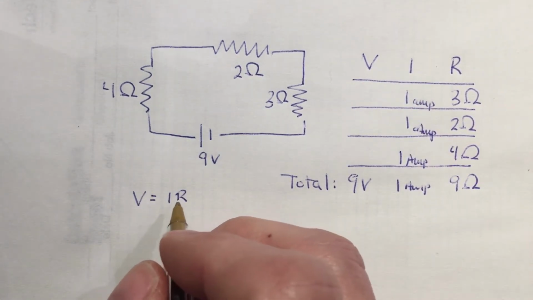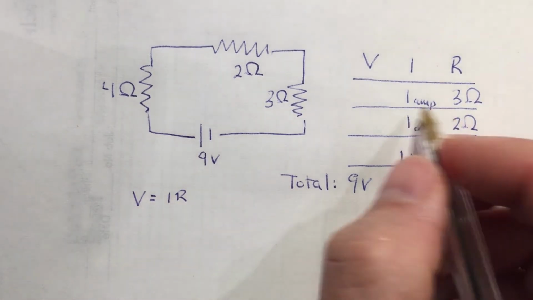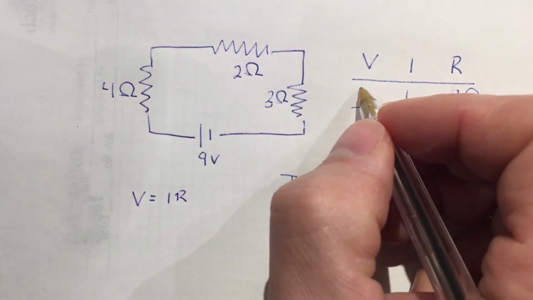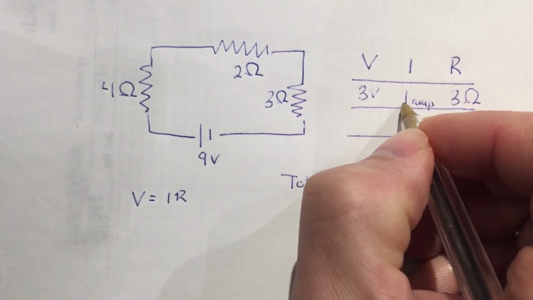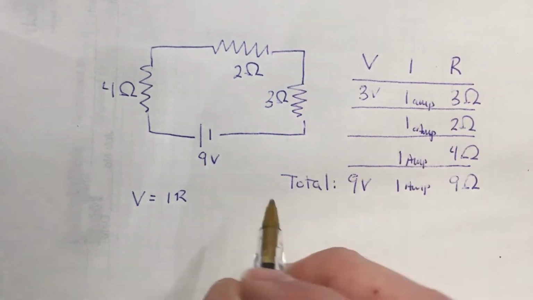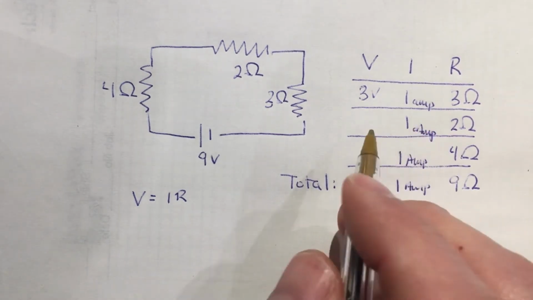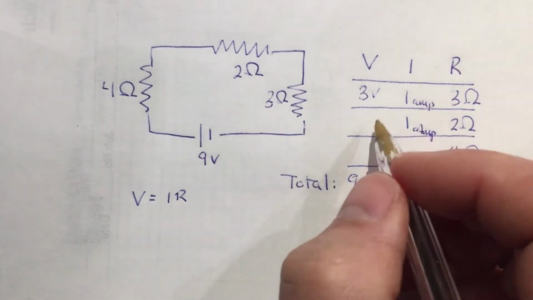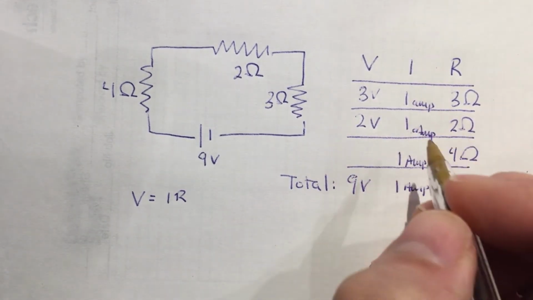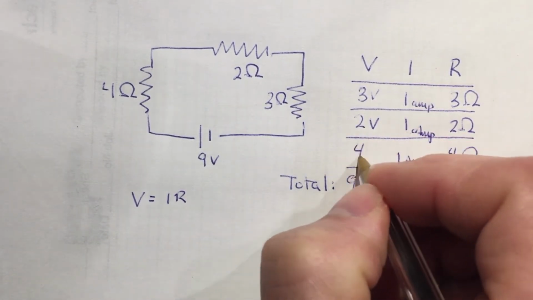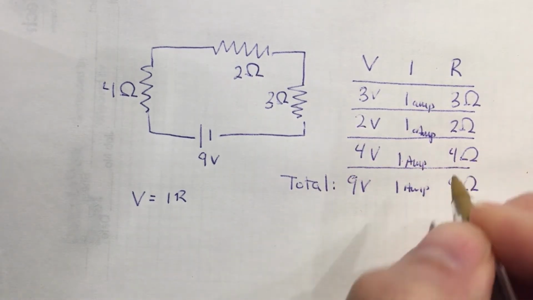So we say voltage is current times resistance, 1 times 3. Well, our voltage is going to be 3 volts. 1 amp times 3 ohms. Our voltage for the second one, here, we're going to see a voltage drop of 2 volts. 1 amp times 2 ohms. And for the third one, 4 volts. 1 amp times 4 ohms.